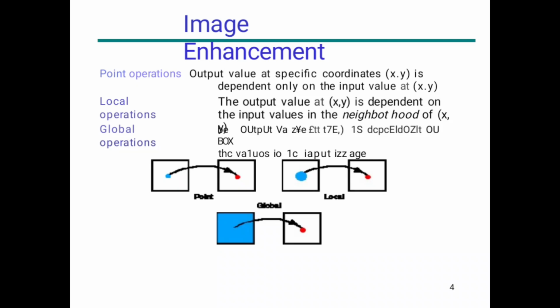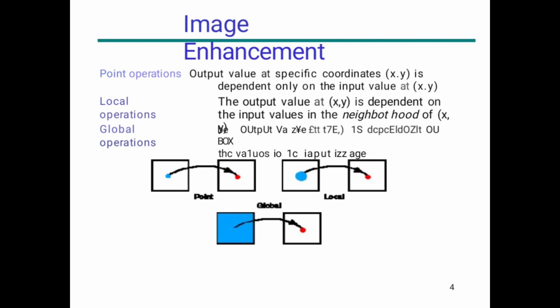First, we see the spatial domain filtering methods. In spatial domain, we have three types of processing operations: point operations, local operations, global operations. In point operation, we change each pixel's value. Normally, an image is represented by pixel elements or pixel values.